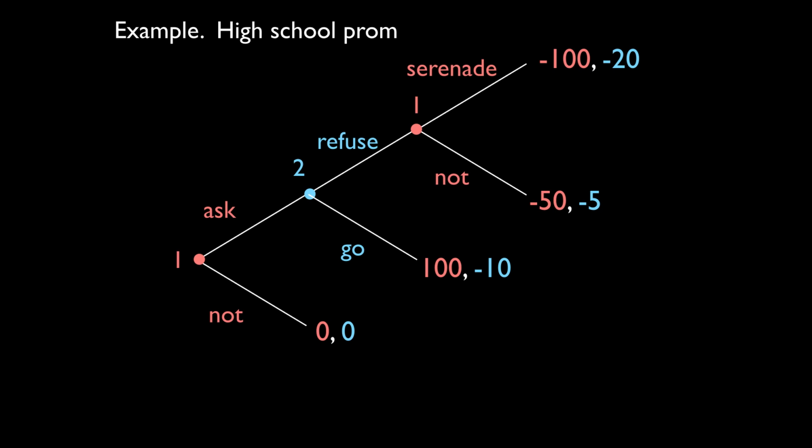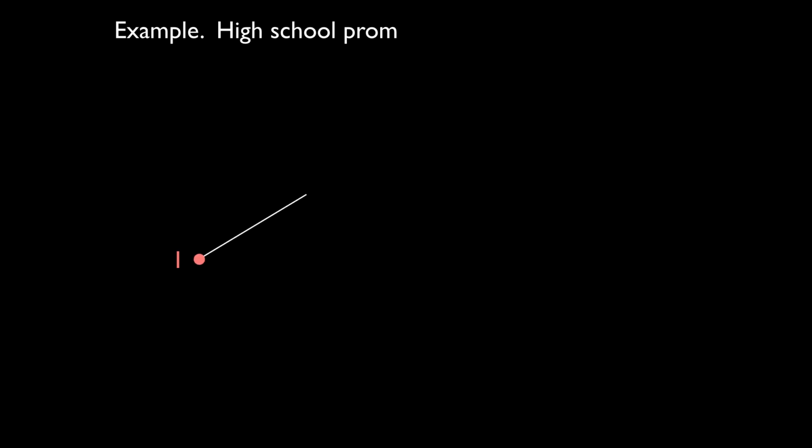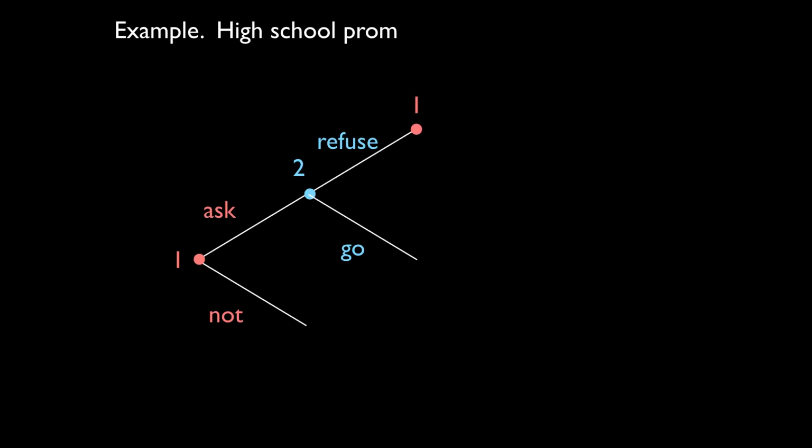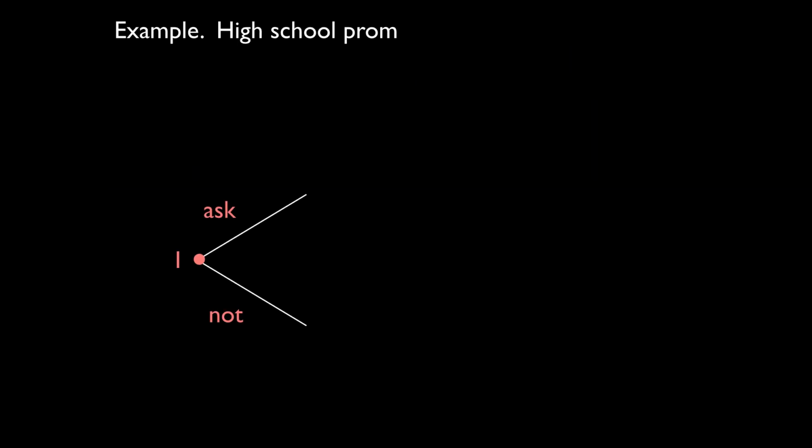Okay. All right. So the question kind of is maybe 1's threat to serenade will make 2 go. That's kind of the question. Okay. Let me write this in as a tree.